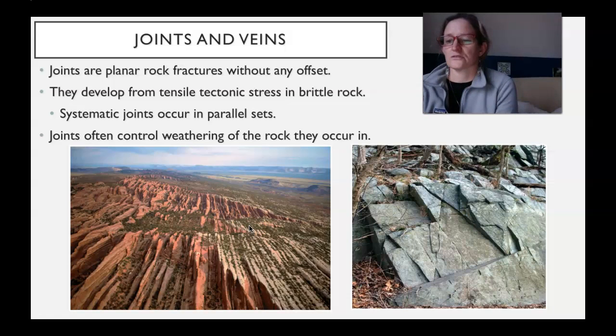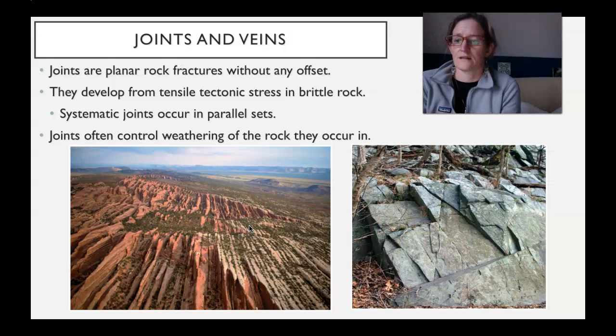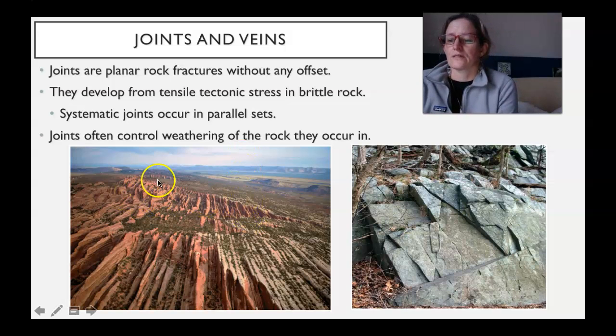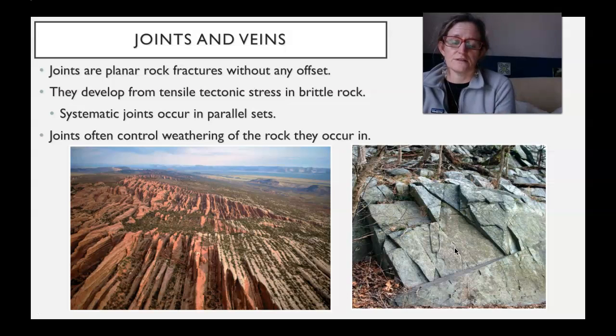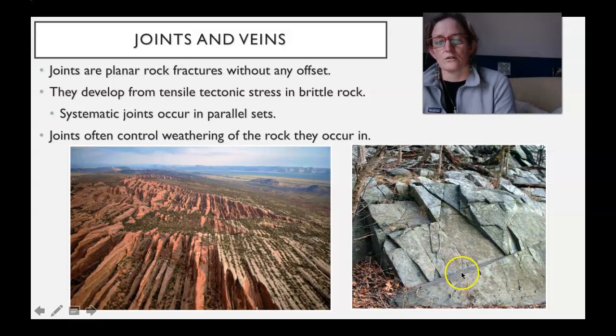So systematic joints occur in parallel sets. That's what that is. They're not always parallel. See the image on the right? It looks like there's been two phases of deformation in this image, where you have one joint set running this way and then another joint set at this angle, one here, and then yet another joint set in this direction.